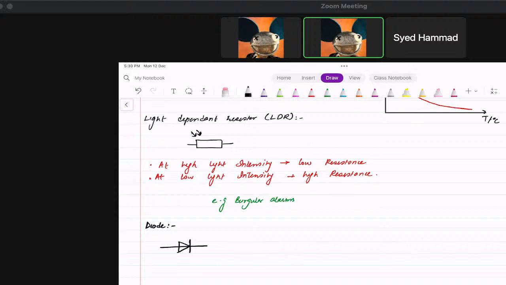And you need to remember, if the current goes from this side, it allows current, but if it goes in this side, it does not allow current.